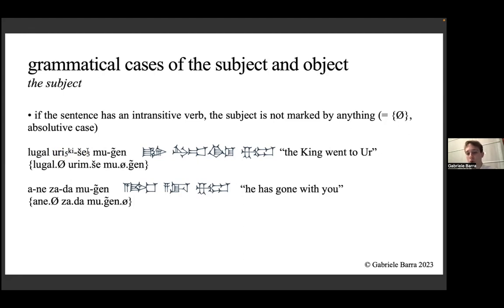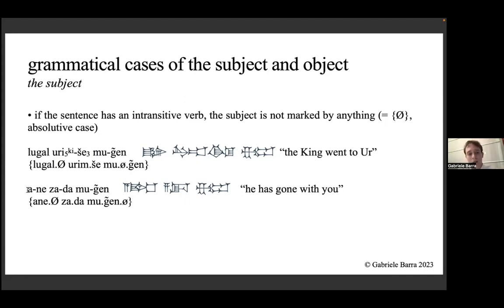This is intransitive. So again, the subject is not marked by anything. That's why we have the zero after it. Mu, again, we have nothing, we have no n, because again, we only use the n when the verb in the third person is transitive. Otherwise, we have to follow the intransitive conjugation. It doesn't take the n.